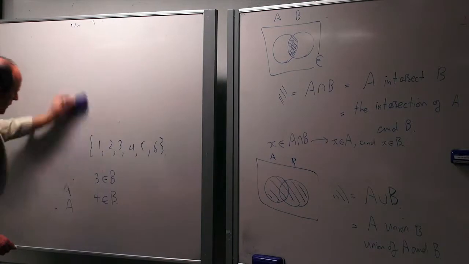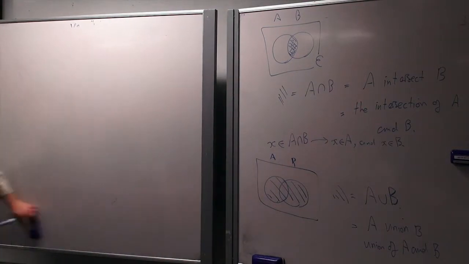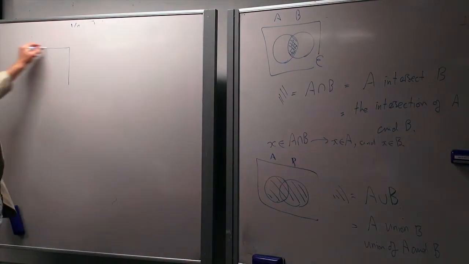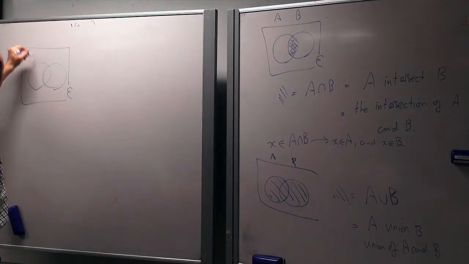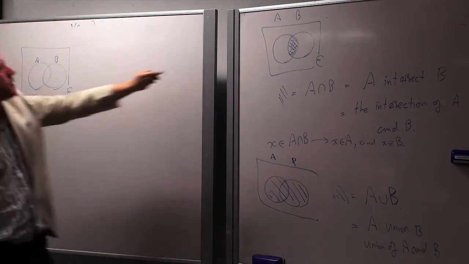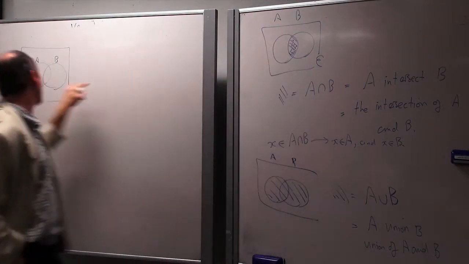I'll put some flesh on this soon, but we just need some notation first. Sometimes I write A and B over them, and sometimes I write them on the circles there.